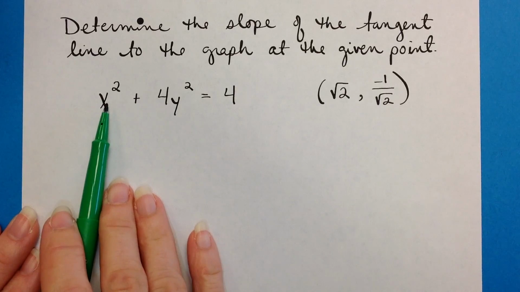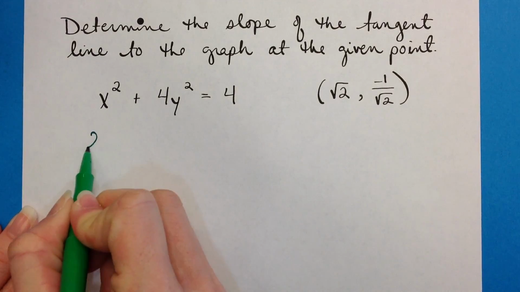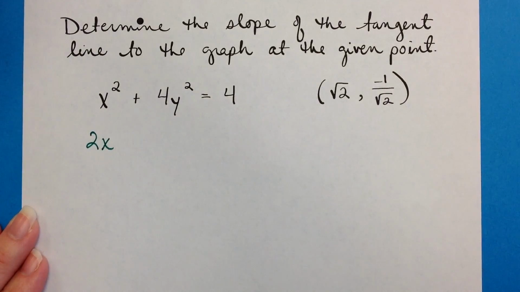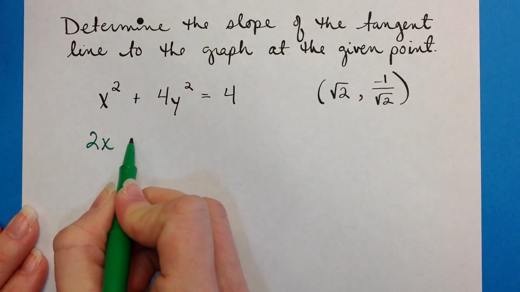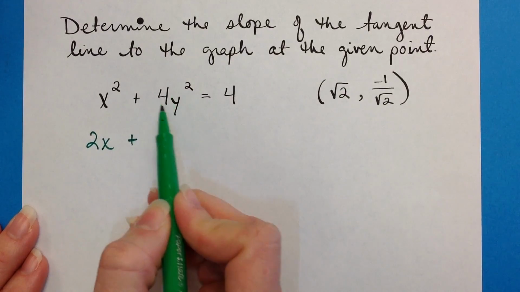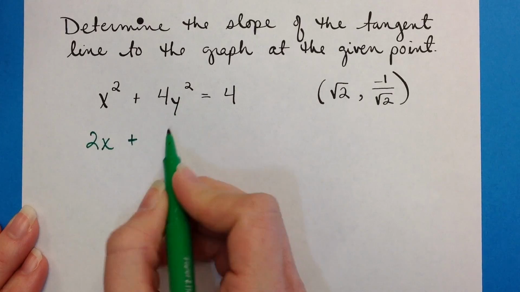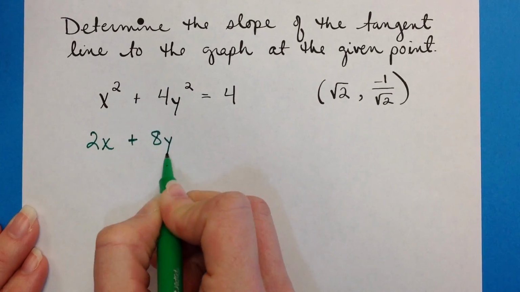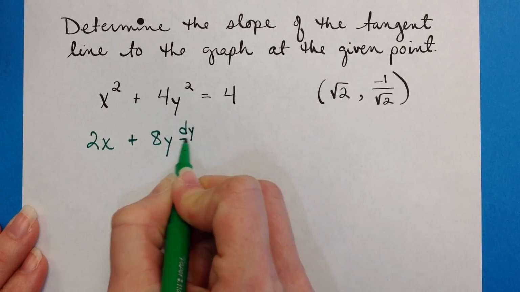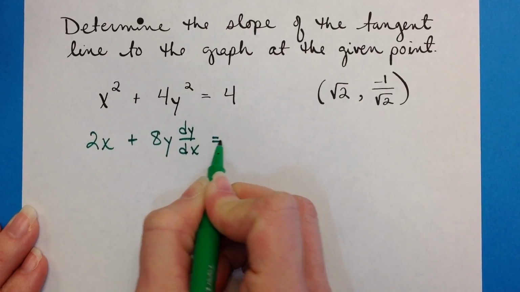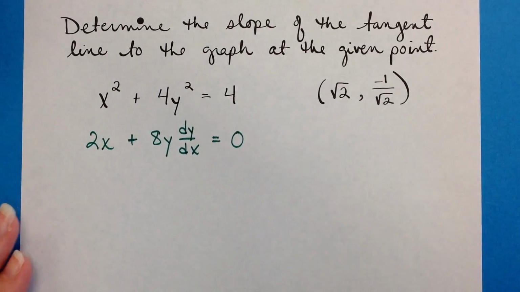So my first term containing only x, I'll just take the derivative there as usual, plus, okay, now taking the derivative here using your power rule, that would end up giving you 8y dy/dx. And of course the derivative of a constant is just 0.